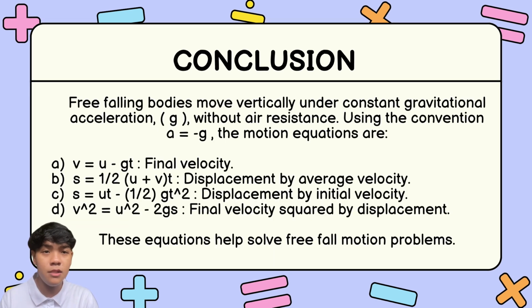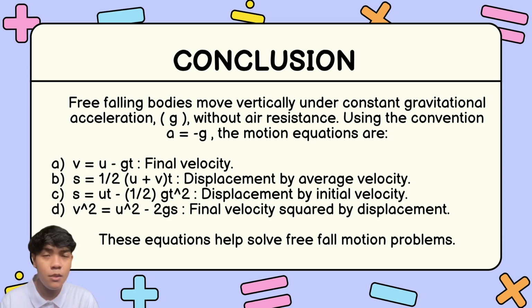In conclusion, we can conclude that free-falling bodies move vertically under constant gravitational acceleration g without air resistance. Using the convention a = -g, the motion equations are: the first one is V = U - GT for final velocity. The second one, S = 1/2 (U + V)T for displacement by average velocity.